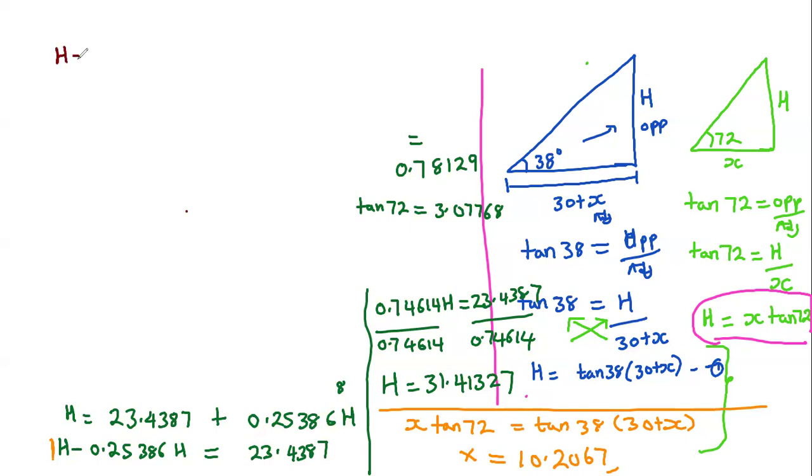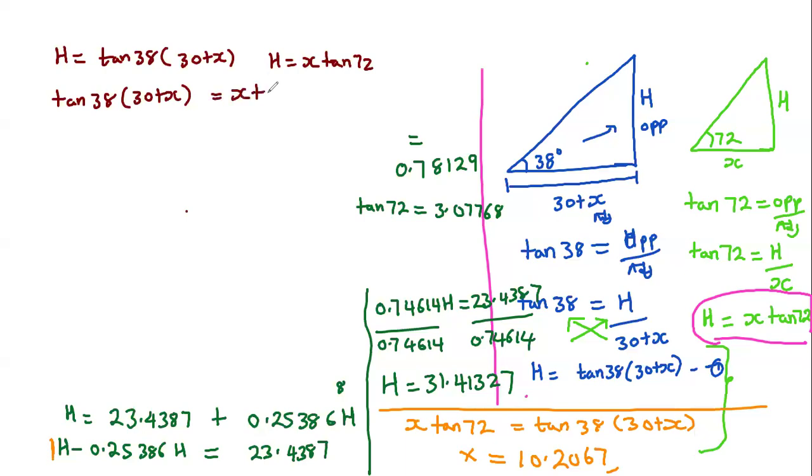So one h we had as tan 38 into 30 plus x, and then the other h was x tan of 72. So since the h are the same, you can just equate. So here I would have said tan of 38 into 30 plus x is equal to x tan of 72.